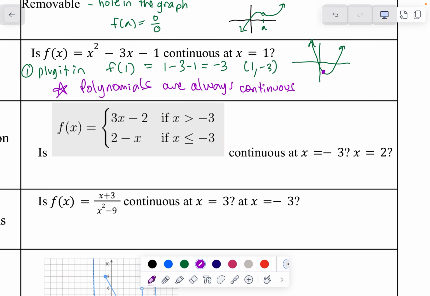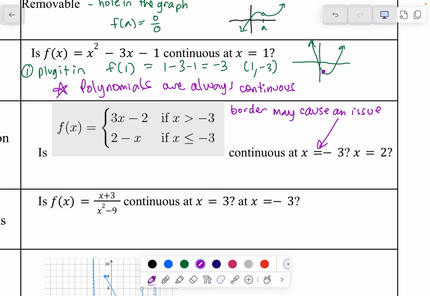The border may cause an issue. So this may cause an issue. 2 isn't on the border. It'll be fine. But -3 is on the border. Now, how do we check to see if it's continuous? We need to know if the pieces are connected or if the pieces are not.